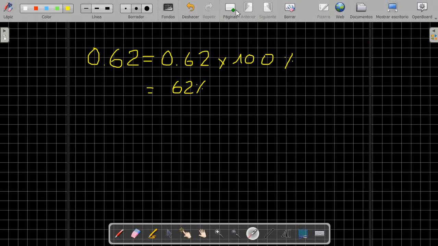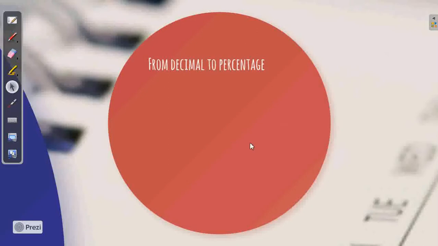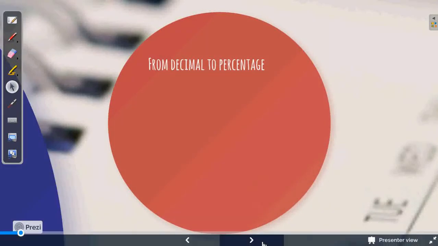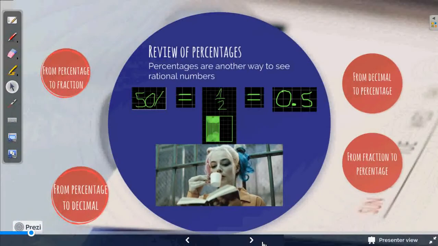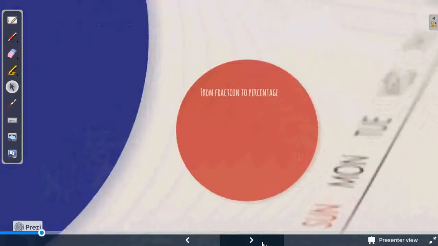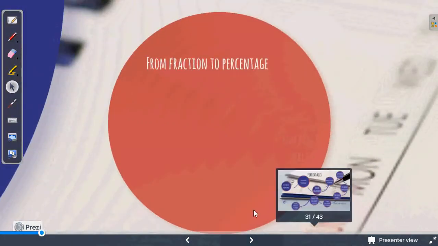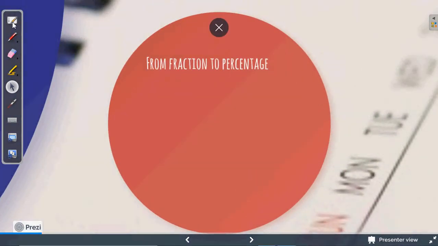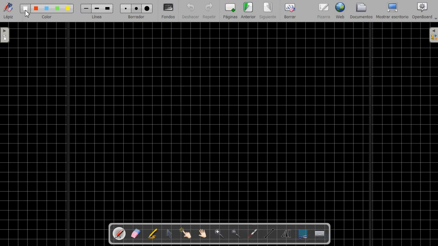Now, what if I have the other case? Let's suppose that I want to convert from fraction to percentage. Let's work with, let's suppose, a half. The same fraction that we had at the beginning of this lesson.